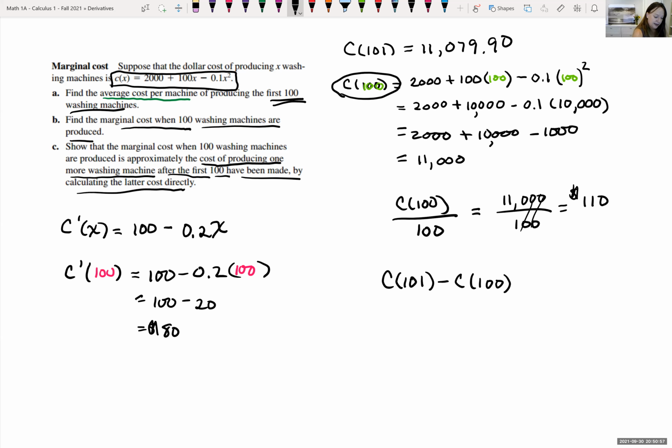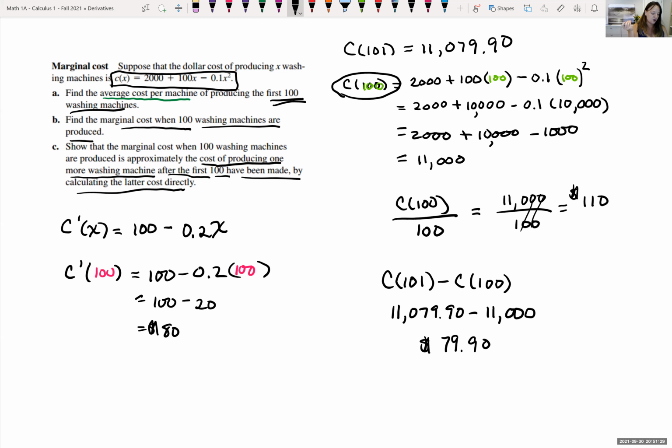If we look at that difference, $11,079.90 minus C of 100, which was 11,000, notice that the difference is $79.90. So the cost of producing that 101st washing machine was $79.90, which is almost identical to the marginal cost at 100.